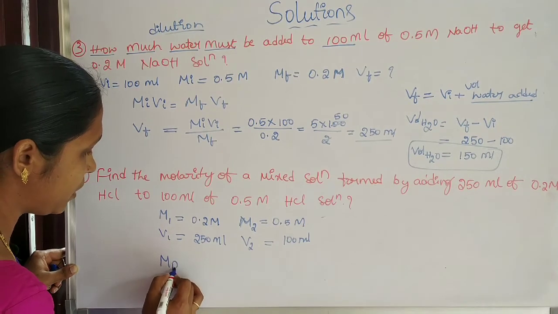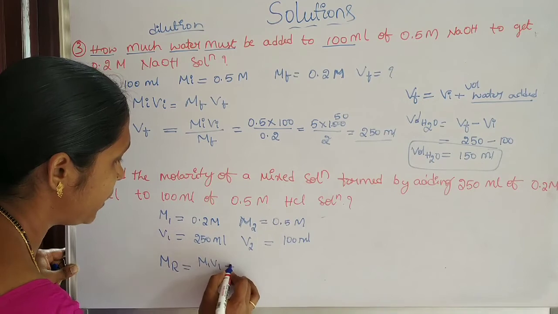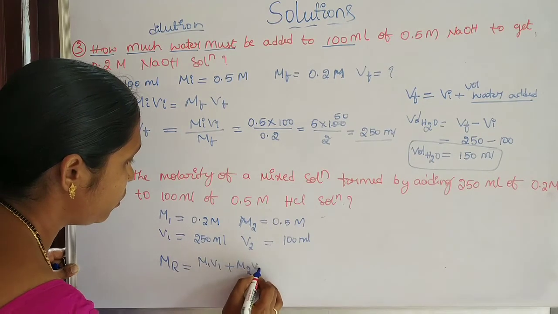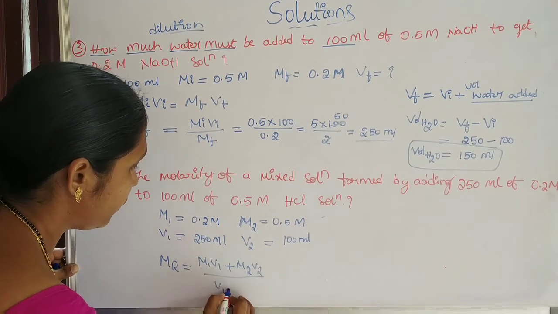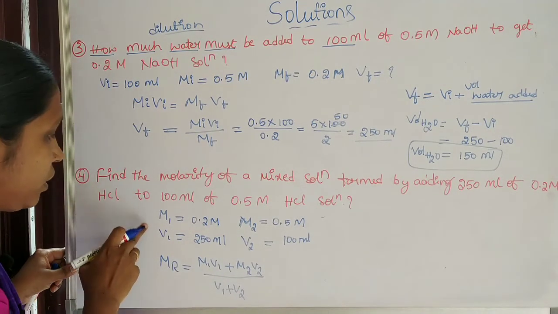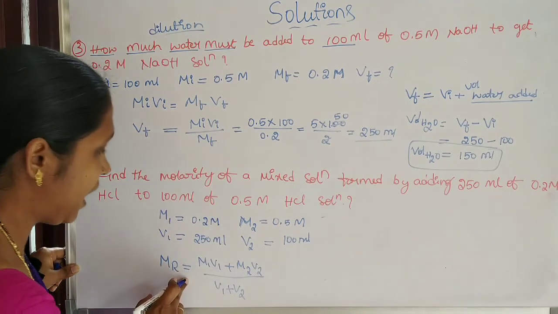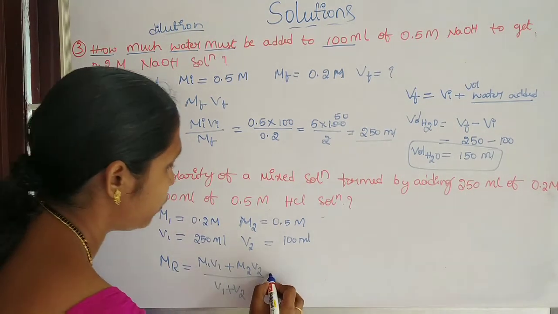What is the formula for resulting molarity? M1 V1 plus M2 V2 by V1 plus V2. Okay, you know M1 V1, M2 V2. Then substitute the values and find out the resulting molarity.